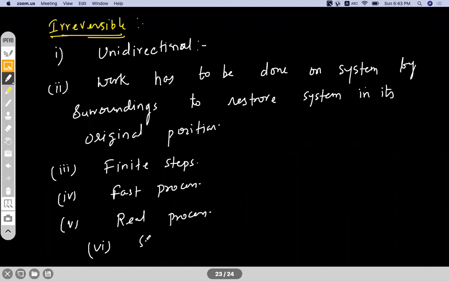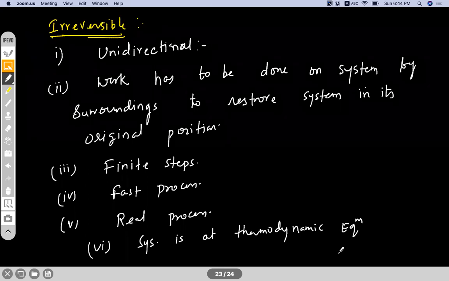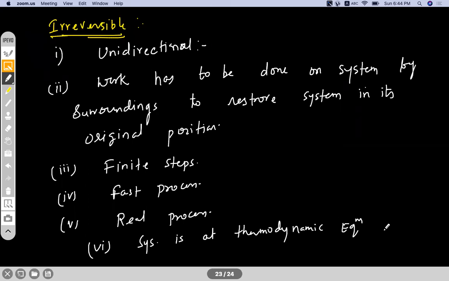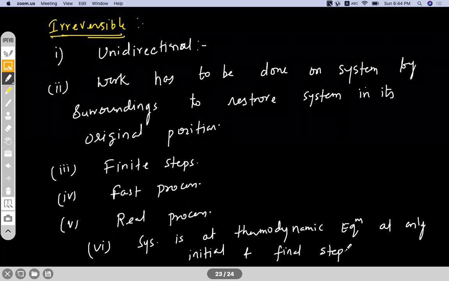The system is at thermodynamic equilibrium only at the initial and final step. It's not that we don't have equilibrium here, but the difference is that thermodynamic equilibrium exists only at the initial and final step.